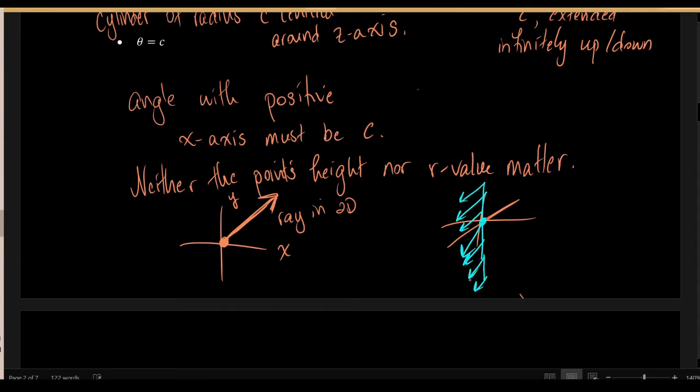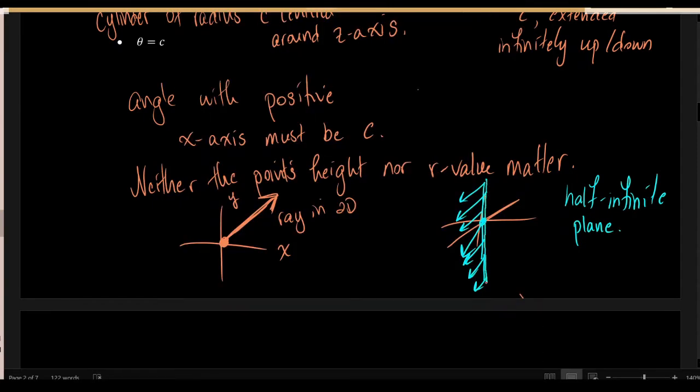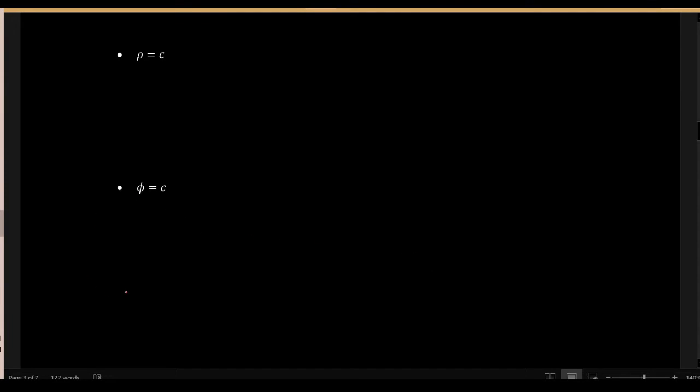Z is also free, so that ray gets stretched out infinitely in the positive and negative z directions. Which means that that ray gets converted in 3D to what's called a half-infinite plane. The plane has one edge, which is located on the z-axis itself, but then it can extend infinitely in the direction of the ray.